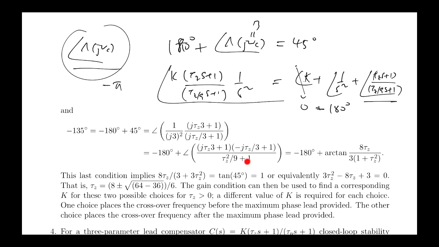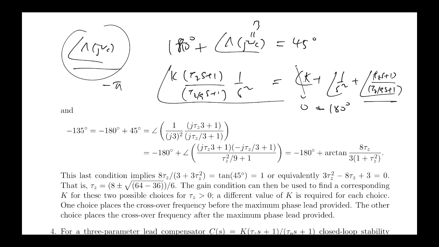So what you get on the bottom here is just the magnitude of the bottom. There's the complex conjugate of the bottom. The phase of all this will be the phase of 1 over this positive number, so that'll be 0 again, plus the phase of this product of two complex numbers.